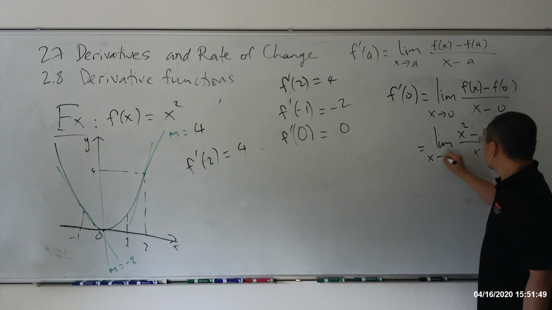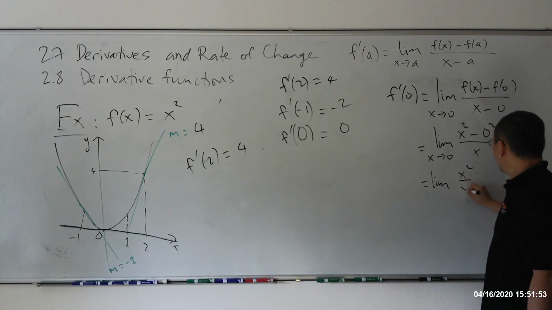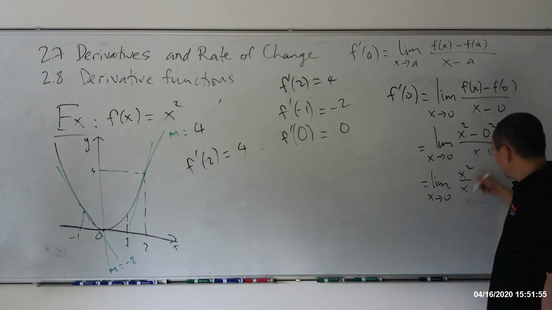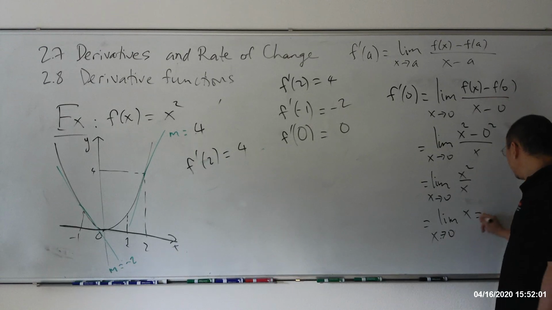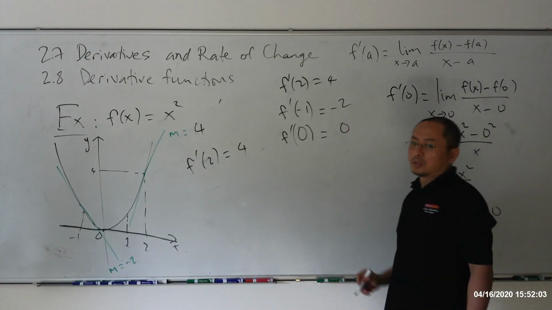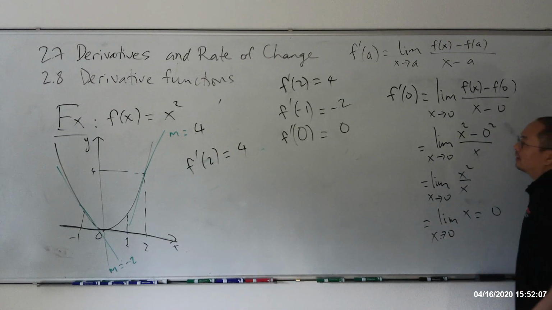And x goes to 0. This is the limit of x squared over x when x goes to 0. You can cancel out the x on the top and bottom. Limit as x goes to 0, and this is really equal to 0. So it really works. Okay.